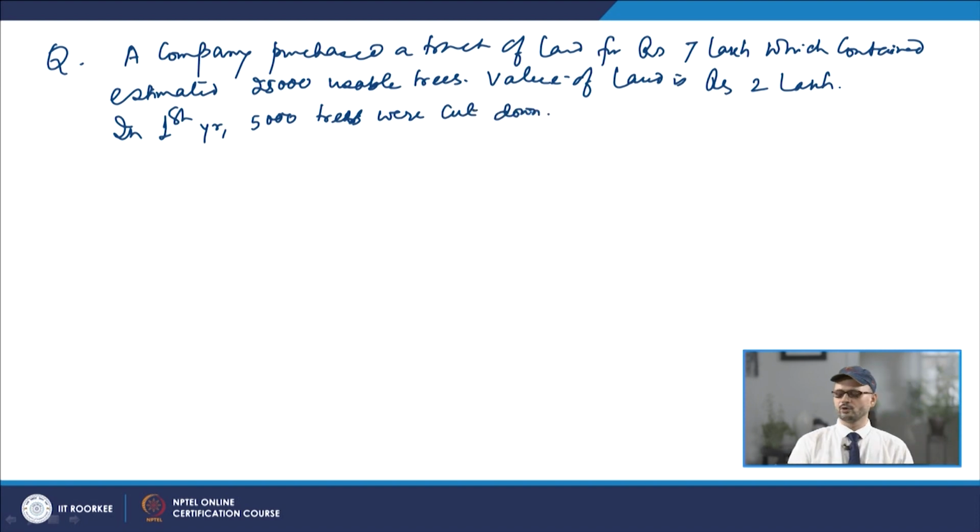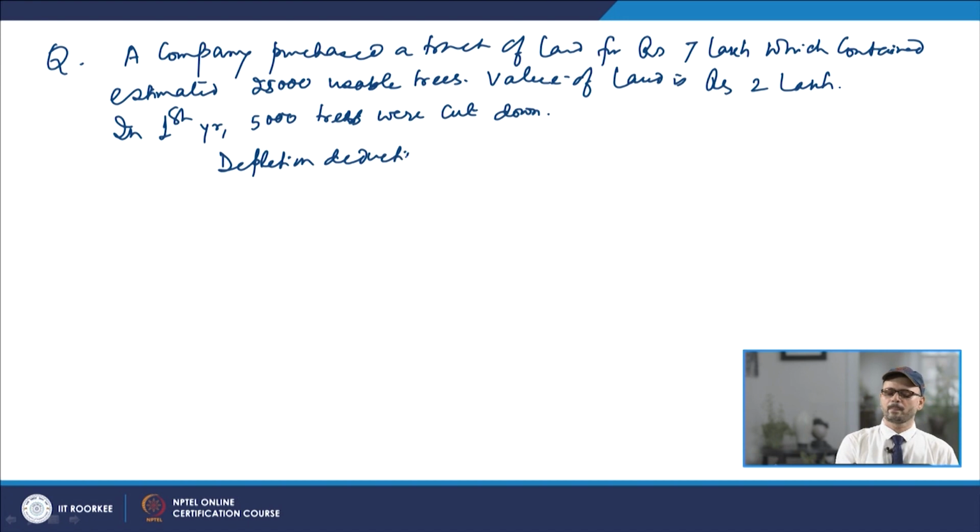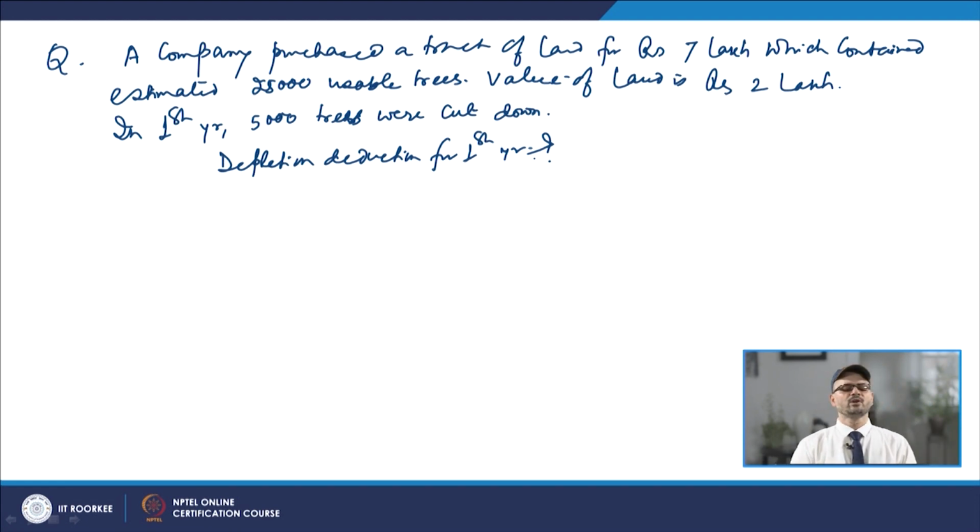Okay. So, now what will be the depletion deduction for the first year? This is to be calculated. We know that you have 7 lakh rupees value for land plus the trees.